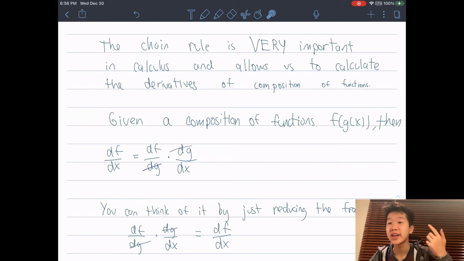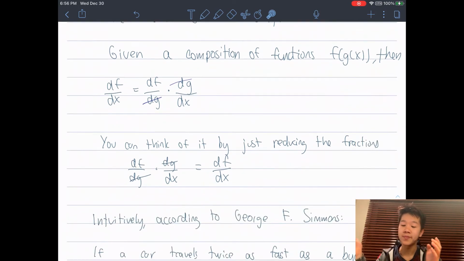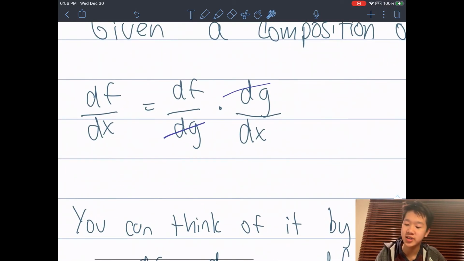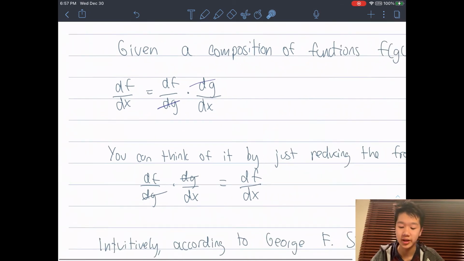And as a mnemonic, I like to think of it like that. It's not entirely true, but you can think of it as the dg just canceling them out when you multiply them, and you'll see that you're ending up with df over dx, which is the left-hand side. So basically, chop chop. This gives us the answer on the left and the right, which is the same thing.